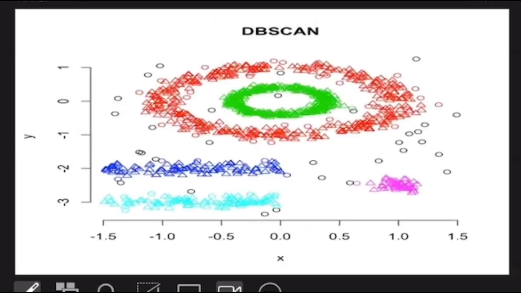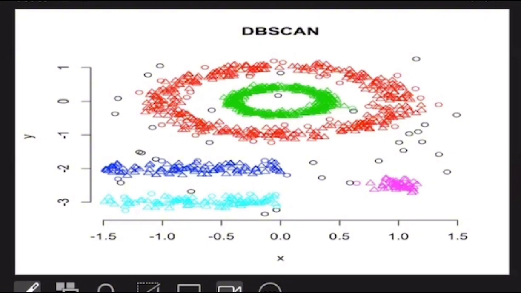Compare this now with what K-means actually provided. And that's how we know that this is actually fantastic when it comes to arbitrary shapes. You know, anything that does not have any color here is going to be classified as an outlier.